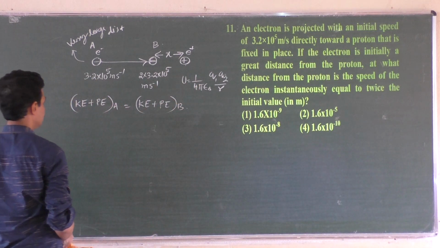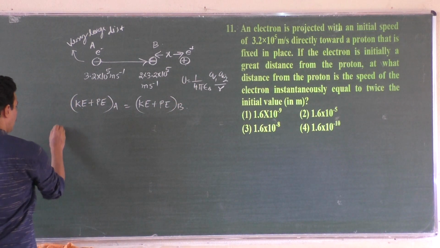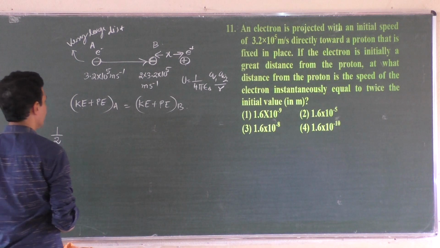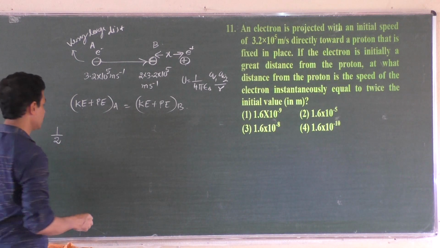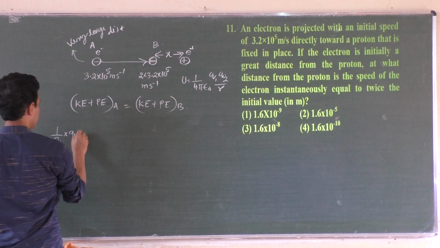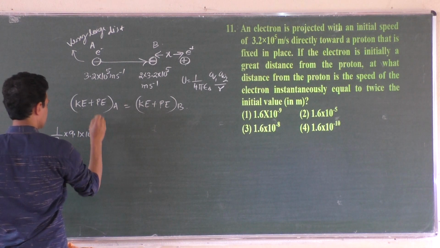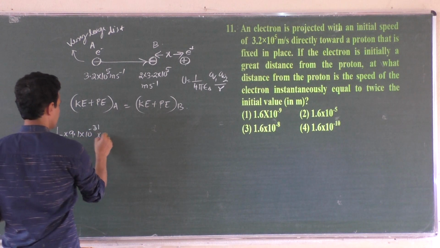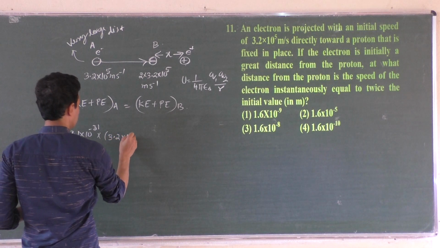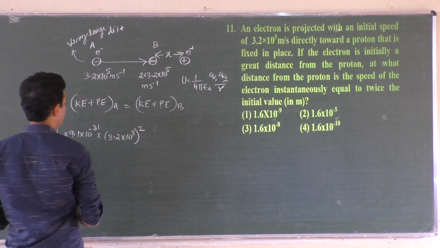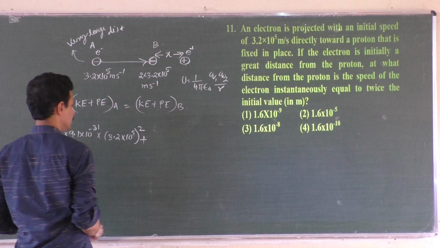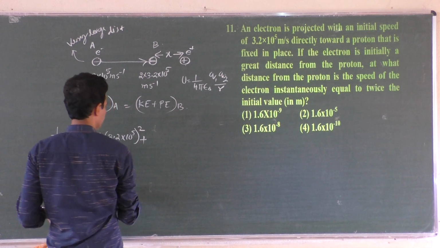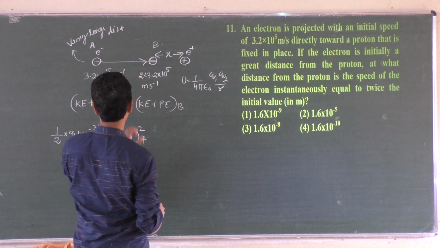So shall we write the formula? Kinetic energy, half mass of the electron. Mass of the electron is 9.1 into 10 to the power minus 31 kg. V square, that is 3.2 into 10 to the power 5 whole square, plus potential energy. Potential energy is negative because it is attractive.